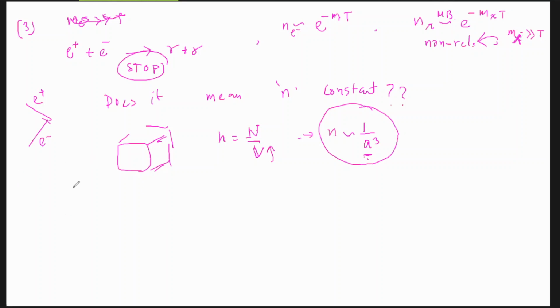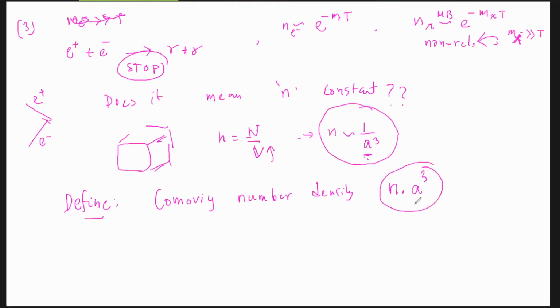Now, in cosmology, we define, and you'll know why I'm defining it, the co-moving number density, which is nothing but the number density n times a cube. This is called the co-moving density, n co-moving.